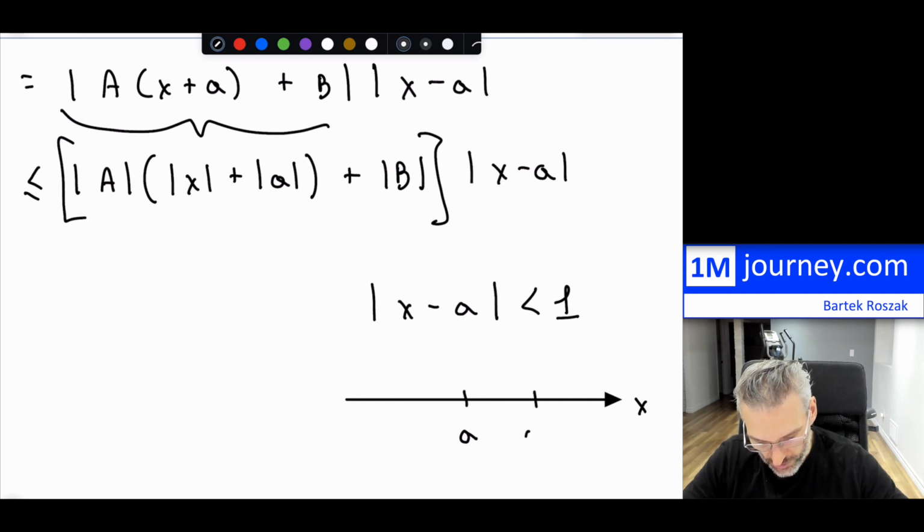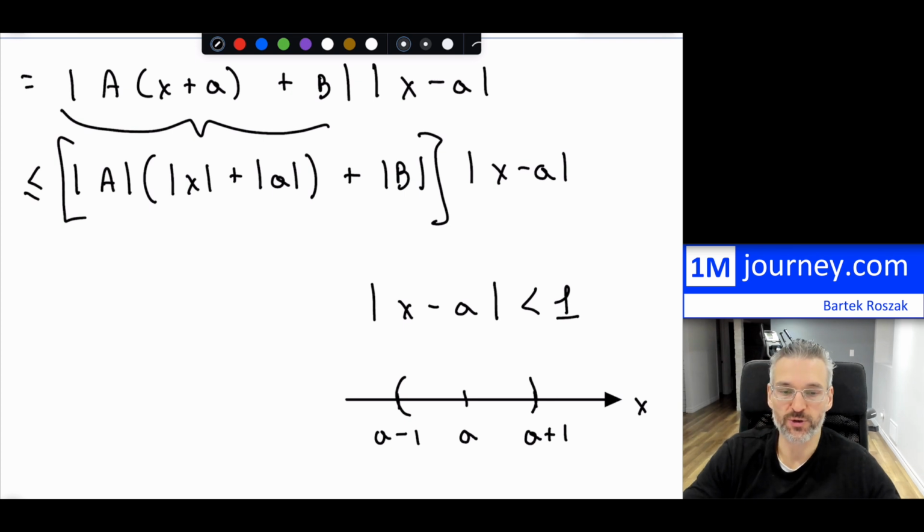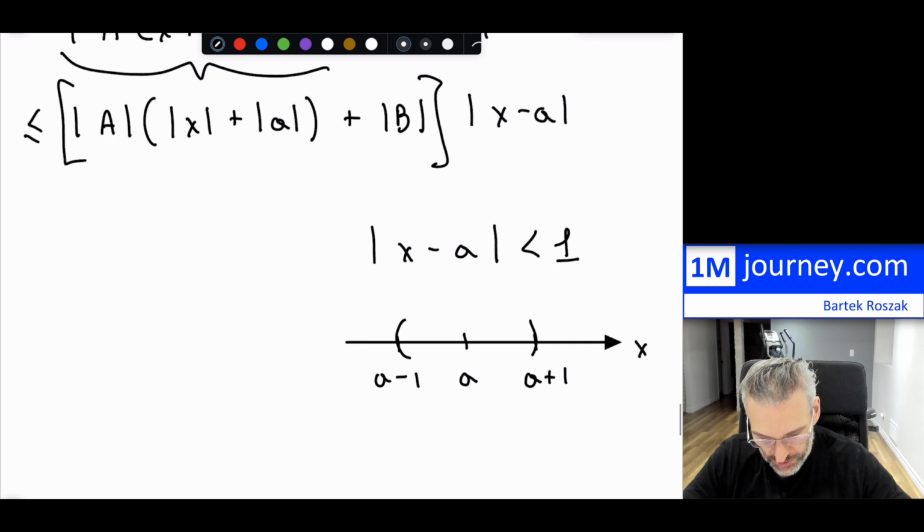But we do know this is going to be a plus 1, and this is going to be a minus 1, right? And now, again, we don't know which one is going to maximize. Is it going to be this one or this one?